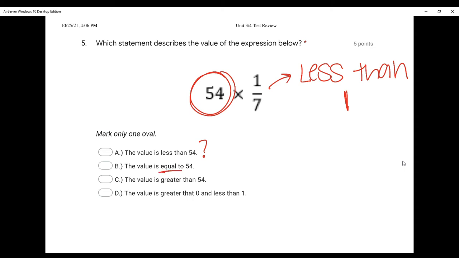It's not going to be equal. We're multiplying by something smaller, so it's going to get smaller. Value's greater. Nope. This one says the value is greater than 0 but less than 1. That's not right either. So it is going to be A. The value is less than 54 because it's getting multiplied by something less than 1. So it's going to get smaller.